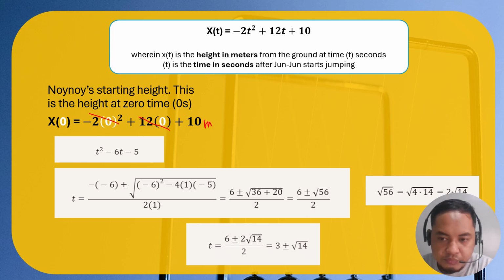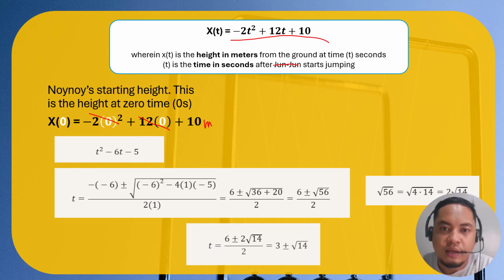And then to get the time after Noy Noy starts jumping, we will be using now the quadratic formula. But before that, we will simplify our function here. We can simplify it by getting the common magnitude that will divide these three terms.